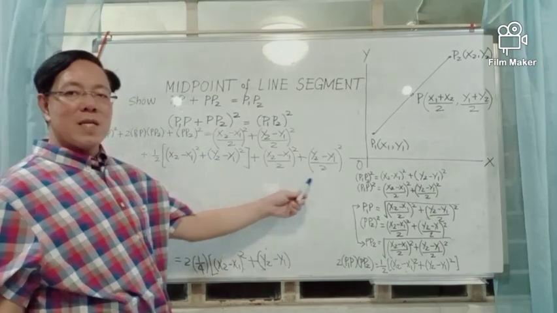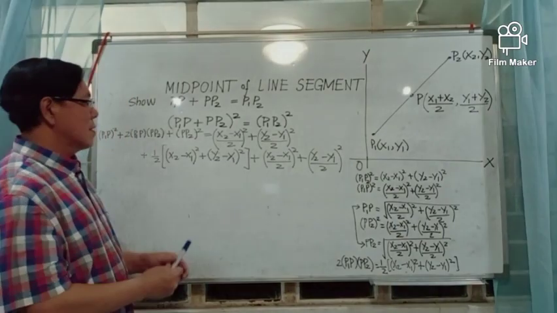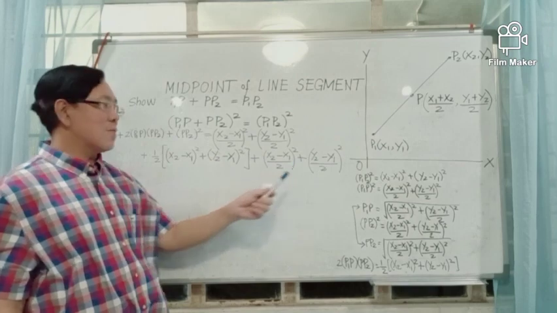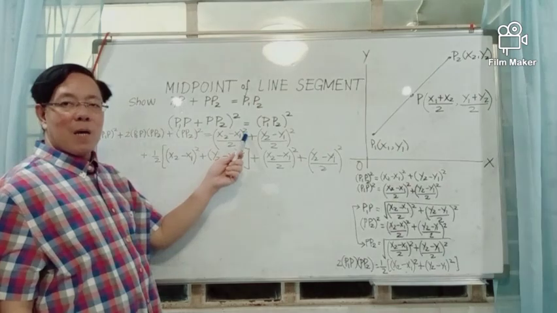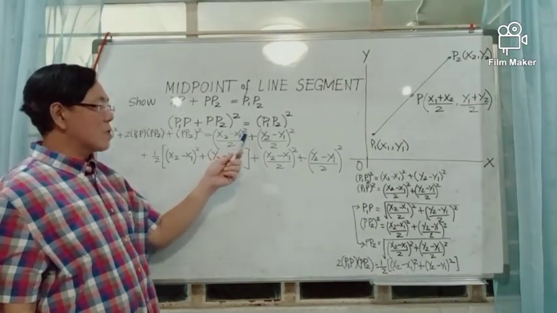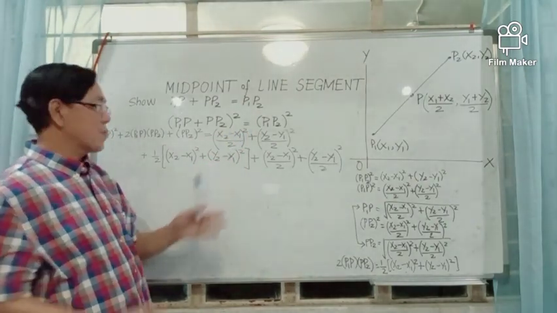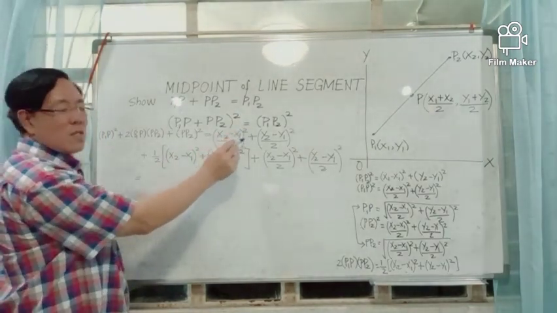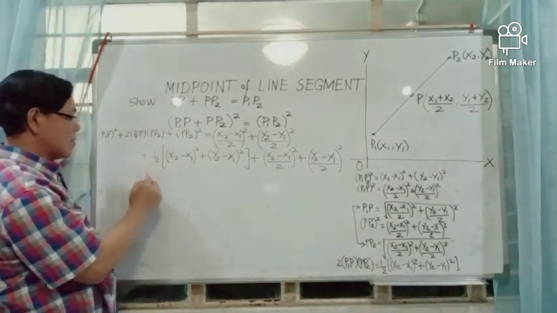And we will simplify the left side of this equation. We simplify each term from the right hand side of the equation. We start with these terms by applying the property of exponent. The square of this quotient is equal to the square of the numerator divided by the square of 2. We write the square of (x2 minus x1) over 2 is equal to the square of x2 minus x1 over 4.